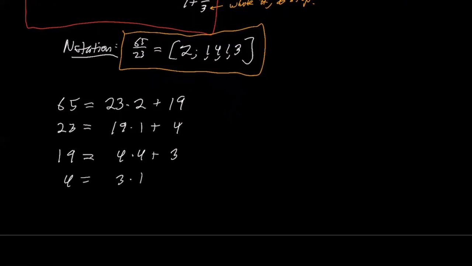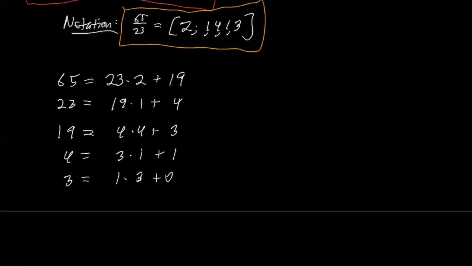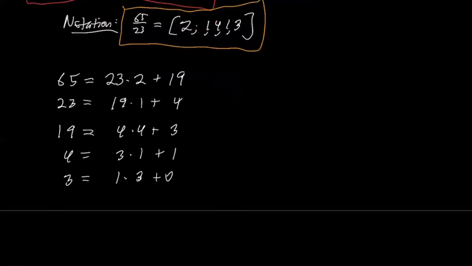3 times 1 plus 1. And 3 is 1 times 3 plus 0. Right? Where these numbers are the quotients. I think I did that right. So these are the quotients, but notice those are exactly the numbers in the continued fraction.